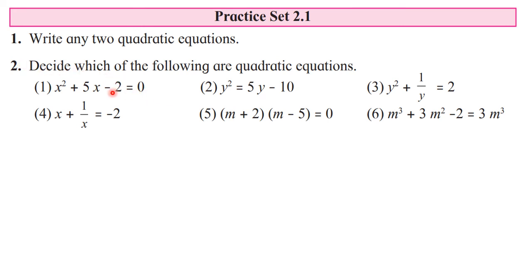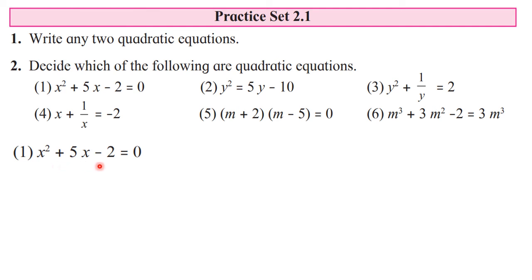Now let us discuss the remaining sums. I am first starting with the first one, that is x square plus 5x minus 2 is equal to 0. Now after seeing this equation, or after observing this, you have to check whether the equation is in the standard form, that is ax square plus bx plus c is equal to 0, or in other words all the terms, means terms with variables and the constants, should be on left hand side, and on right hand side strictly you should have 0.